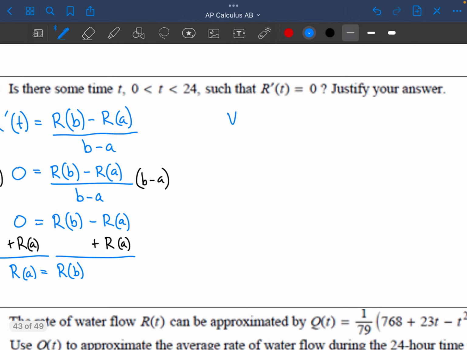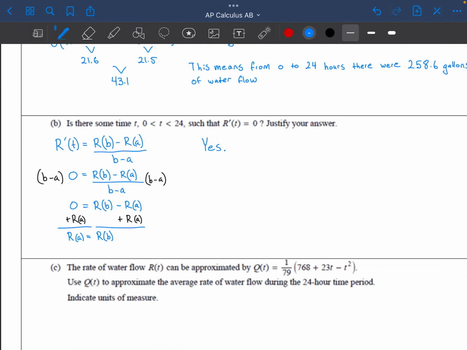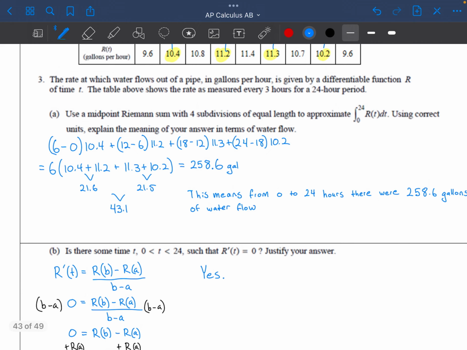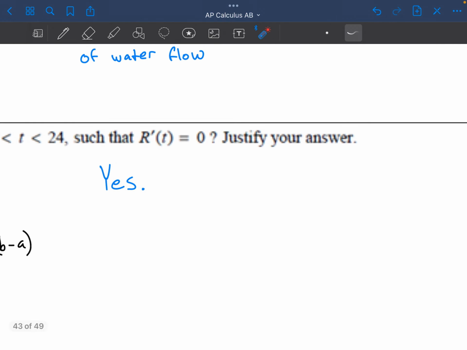Yes, because the question is asking, is there some time? Yes, there is some time. And just remember, I'm being super formal now. So it told us that the function was differentiable, which is really important. It's differentiable, which means we have permission to use mean value theorem, but you want to restate that because they want to know, are you allowed to use mean value theorem? Anytime that you want to use a theorem, you got to say, hey, we met the requirements so we can use it.